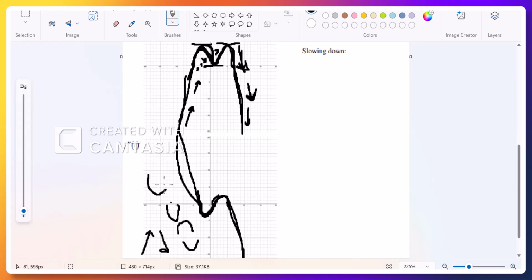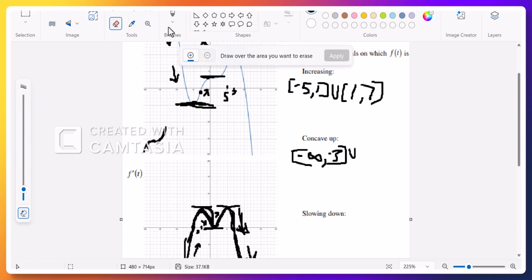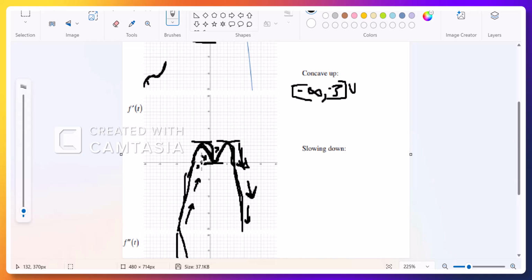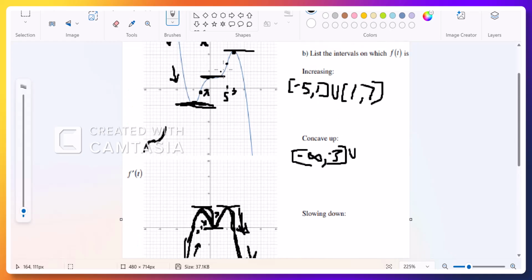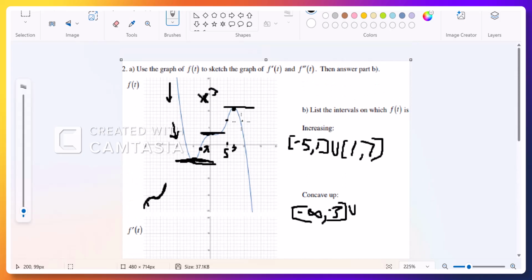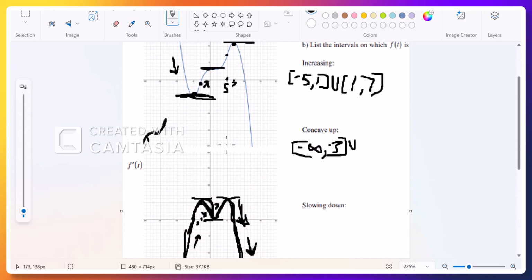It was decreasing and then it increases. Let me erase this. Okay, so because it's going from a positive to a positive, as you can see on the graph, we do not count -3 to 1.